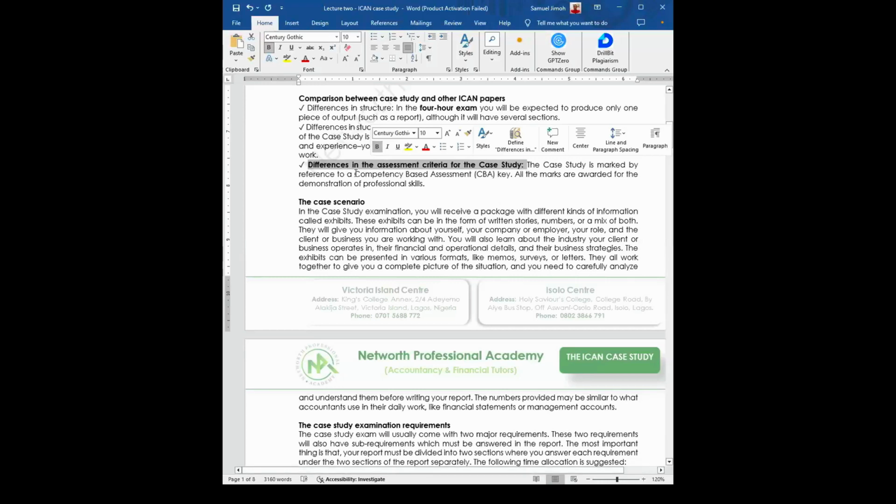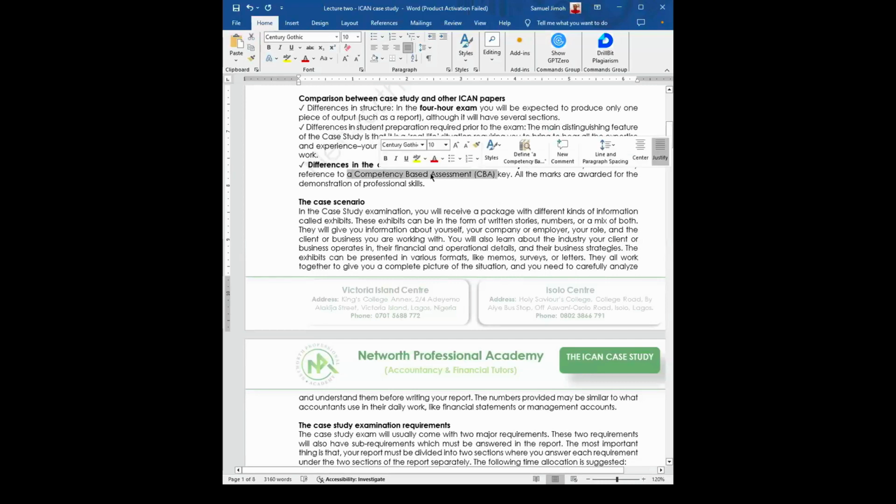As a matter of fact, the assessment criteria follows a process known as competency-based assessment. CBA means that assessing your report follows a process whereby it is your competency on certain skills that will fetch you marks in the exam. That is what it means.